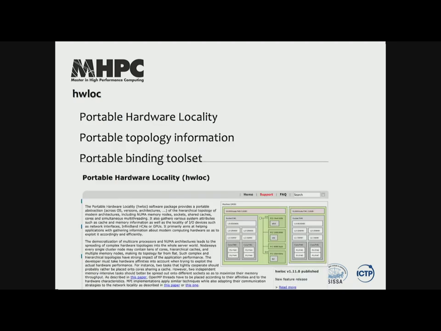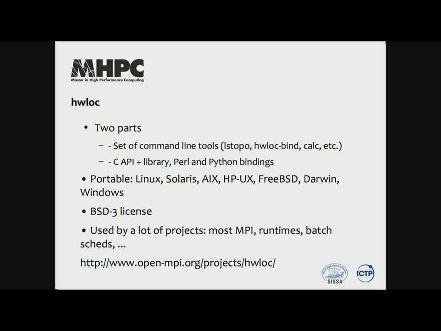Okay, hwloc we don't have it, but it's a nice tool that allows you to do a lot of stuff. It has two parts. You have a set of command line tools, lstopo, hwloc-bind, and so on, that are more or less what you have available in likwid.